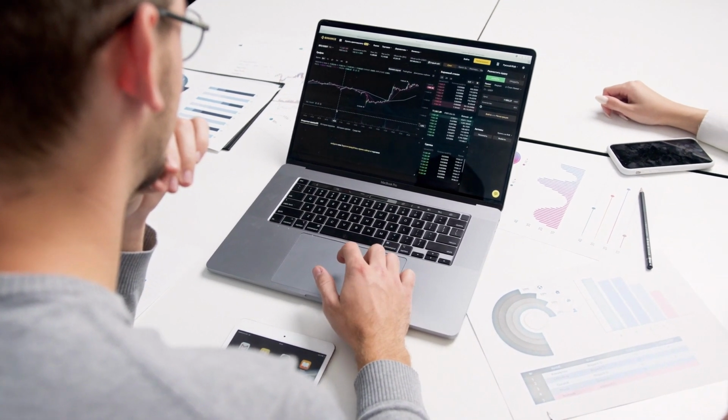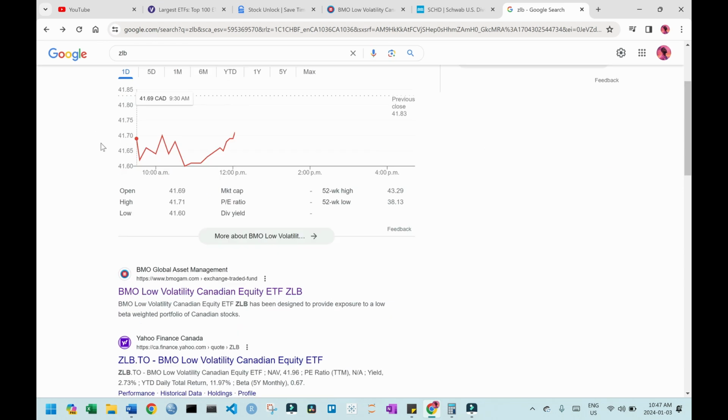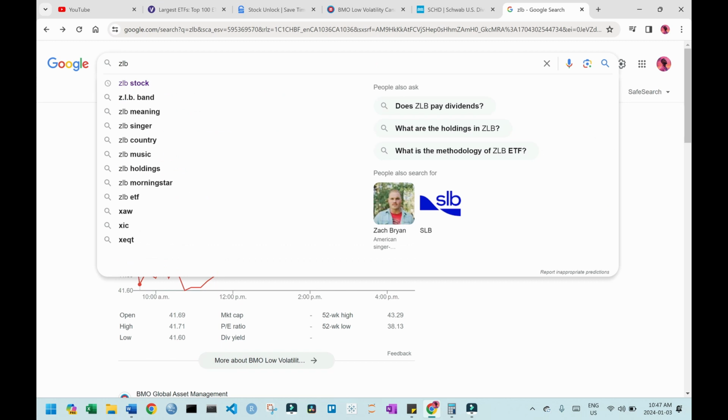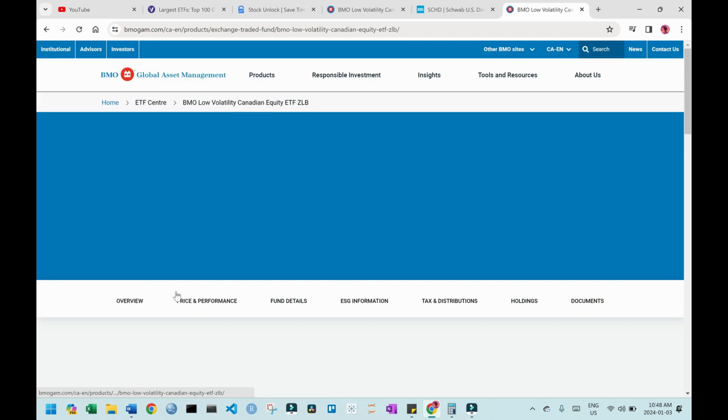In this case I'm interested in ZLB, which is an exchange traded fund. It's not an index fund, which means it doesn't follow an index, and later on we'll actually look at one that follows an index. So you type in the ticker symbol, which is in this case ZLB, and I know that it's offered by BMO, so I click on the website that actually has the information on it.